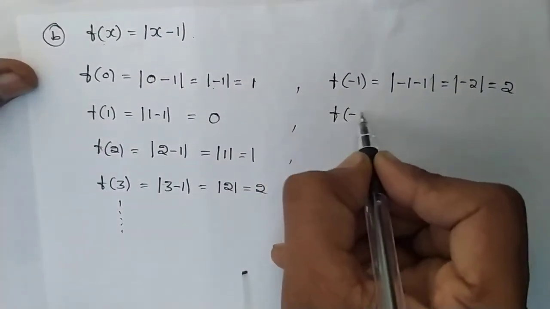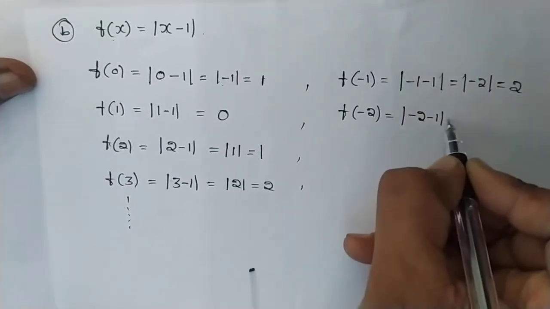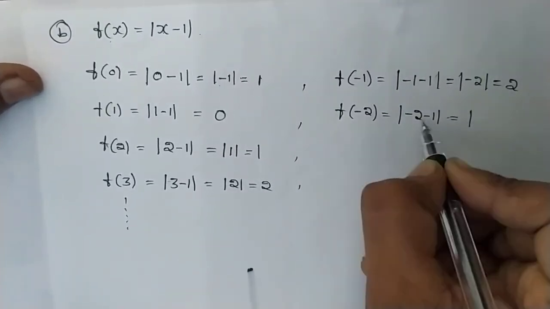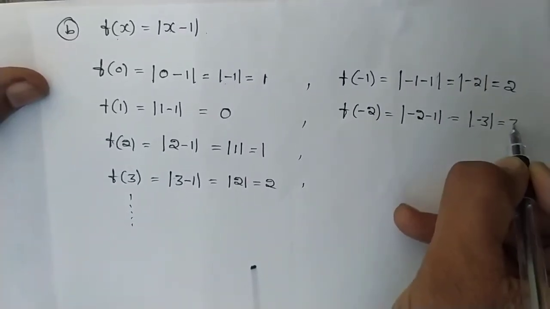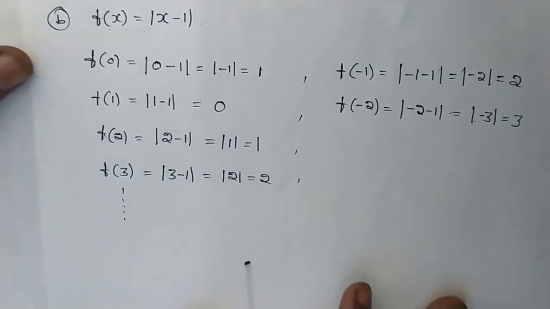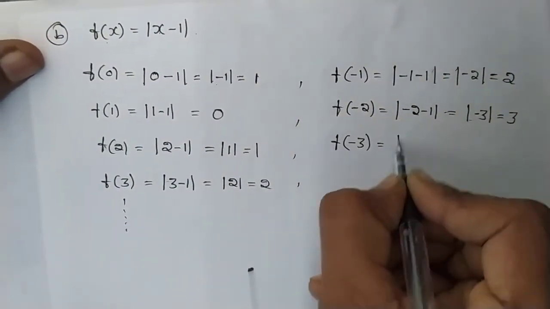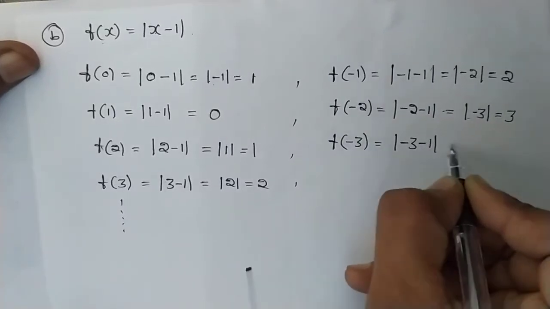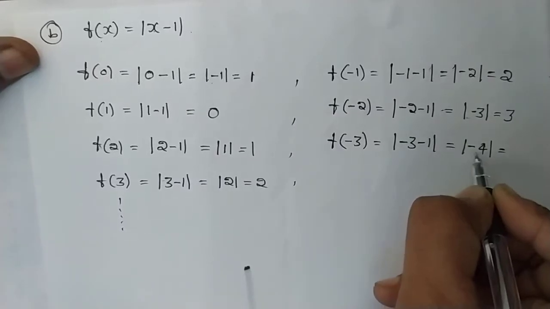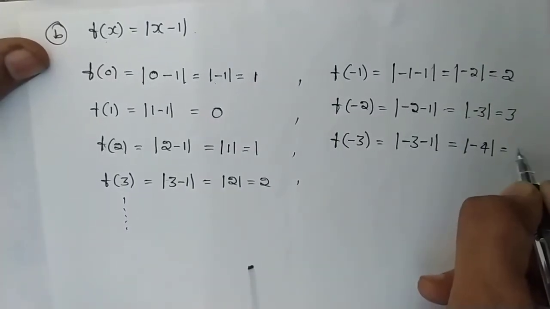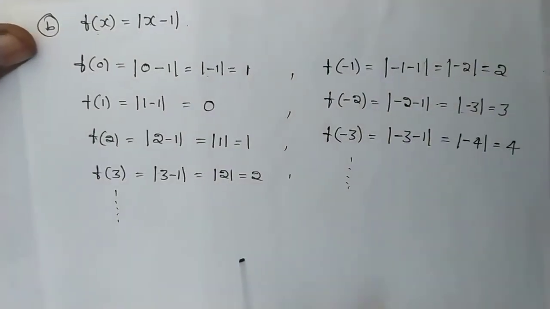F of minus 2 equals modulus of minus 2 minus 1 equals modulus of minus 3, that will be 3. F of minus 3 equals modulus of minus 3 minus 1 equals modulus of minus 4, if we apply modulus, then we will get plus 4 and so on.